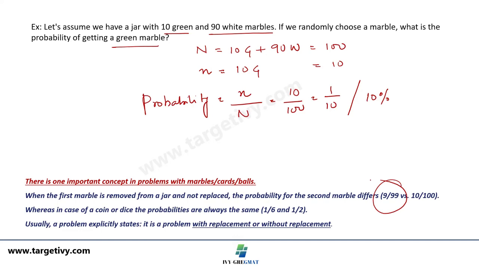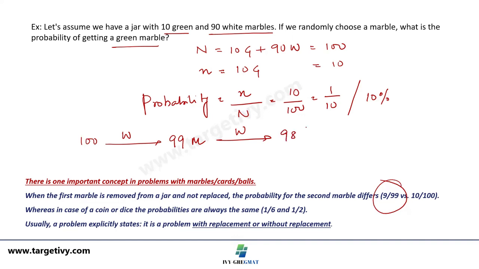If it is given, then I know that out of the 100 marbles, the first one picked was white. So now you're left with 99 marbles. The second one picked, say, is white again. So the total number of outcomes is going down because the marbles are not getting replaced. So it becomes 98 now.